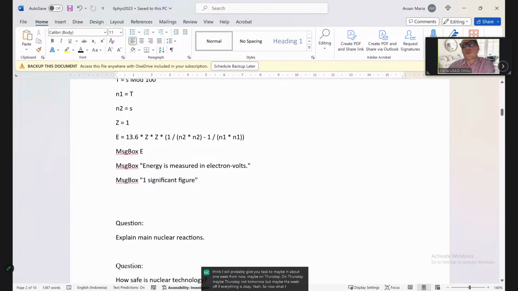So now what I would like us to do is discuss some of the topics, in particular, theory of everything, probably one of the most important.